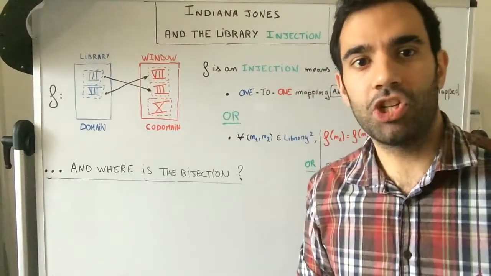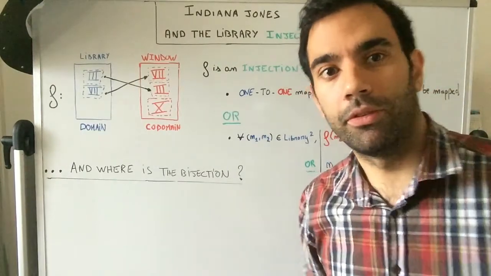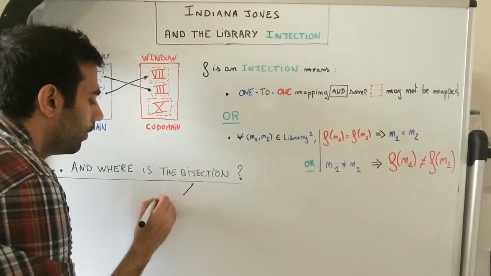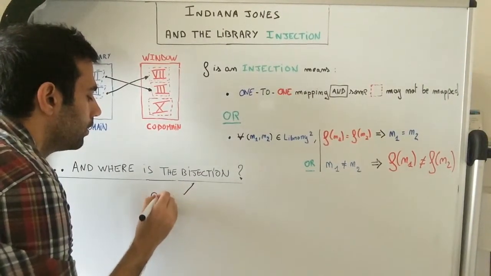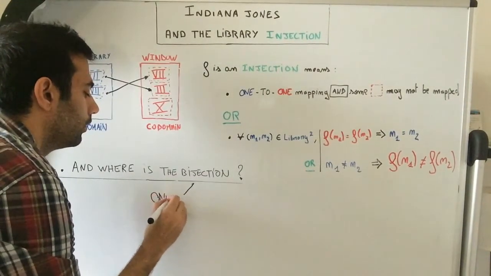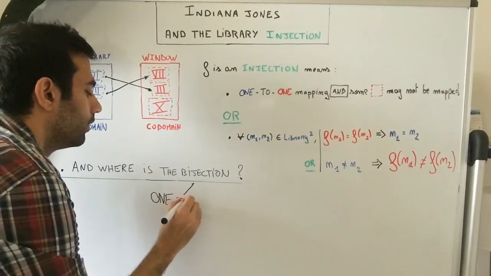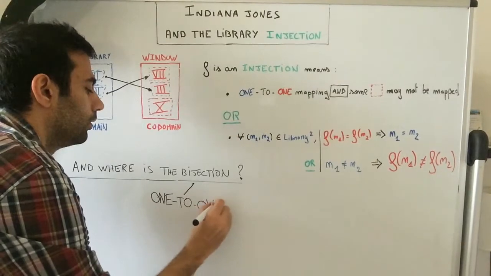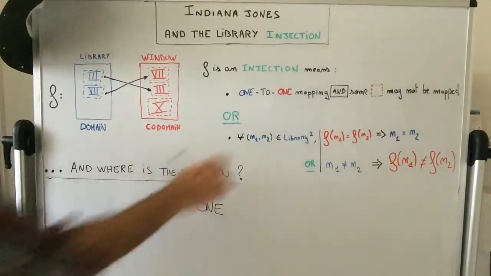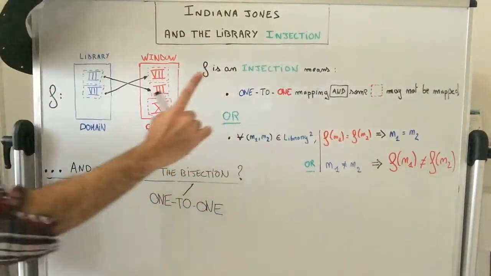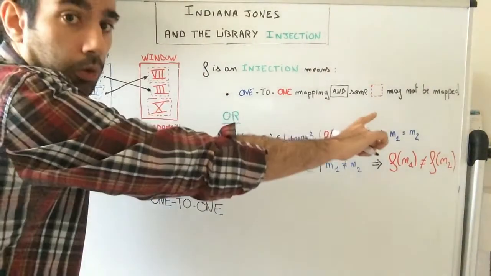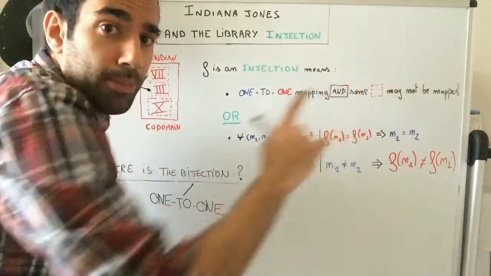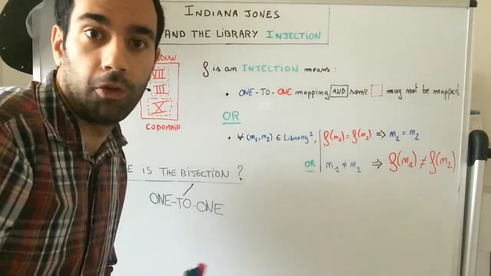A bijection is an injection plus plus, okay? It's gonna be a 1-to-1 relationship, just like the injection, but earlier when we said that some elements from the codomain may not be mapped, that's not the case anymore for a bijection.